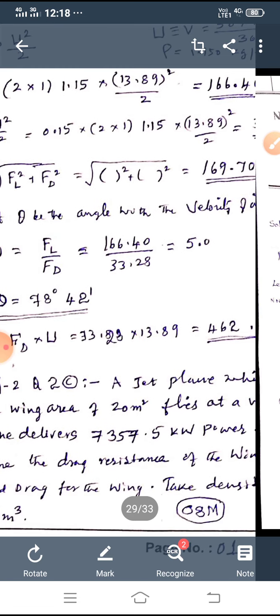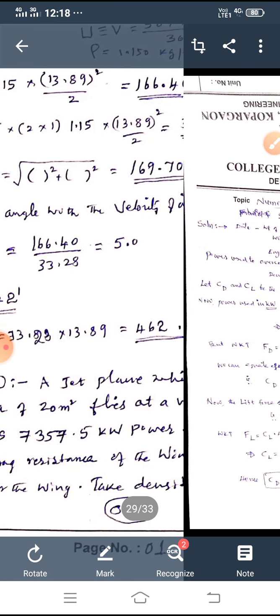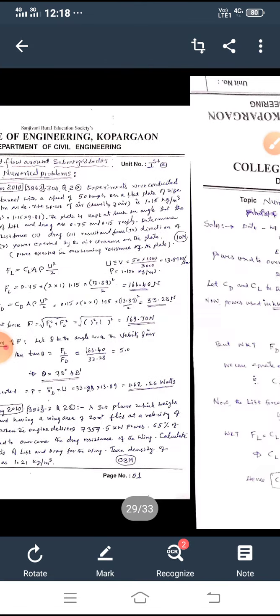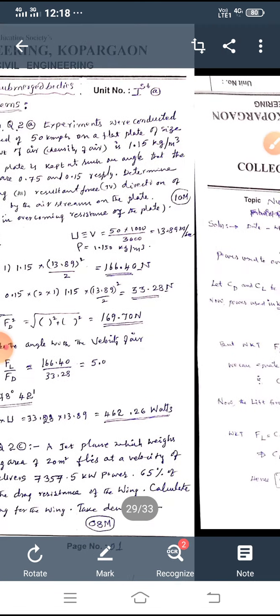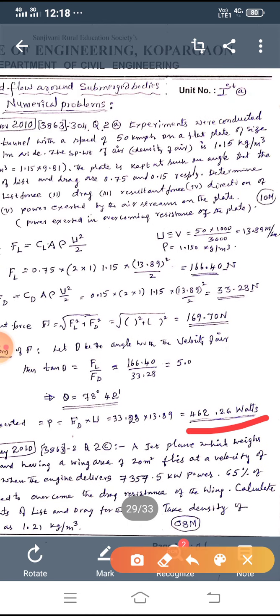That will give you 33.28 multiplied by 13.89 is equal to 462 watts. Alright? So 462 watts, 166.4 Newton, FD 33.28, resultant force 169 and theta 78 degrees 42 minutes.